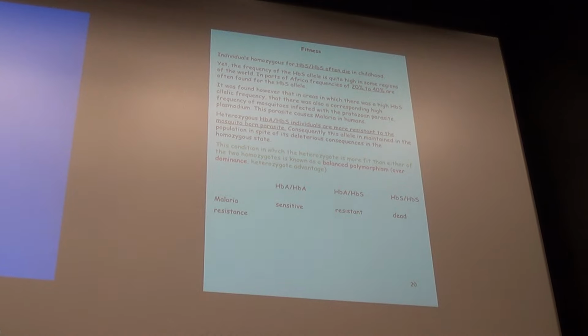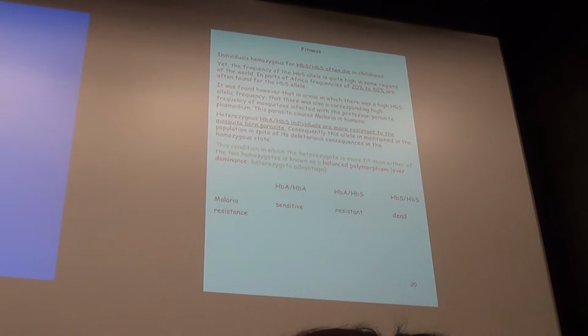They're not as sick, and they're resistant to malarial infection, so they don't die from malaria. So, another example. You can see how the phenotype, depending on what you're studying, the definition of the heterozygous completely changes from one to the other. And this is known as overdominance. You've got a phenotype that is even greater than either of the two homozygous phenotypes.